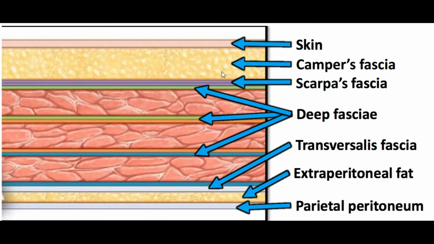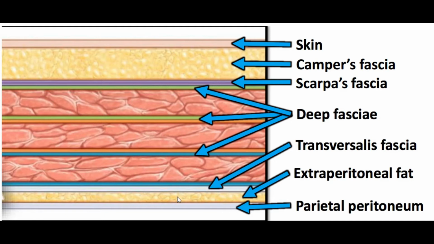Underneath the superficial fascias, we have the three muscles: external oblique, internal oblique, and transversus abdominis muscle. Below the transversus abdominis muscle, you have the transversalis fascia.